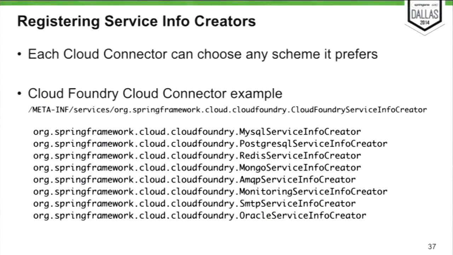Those Heroku implementations of these classes are going to be looking at the flat environment variables and populating a service info from there. So again, these classes are what maps from whatever the cloud operating environment looks like to this kind of normalized data model that is the service info classes.